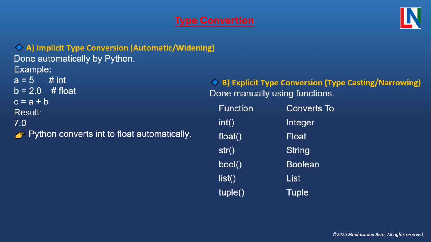As for example, we have to remember some functions and what they do. The int function converts into integer, float function converts into float, str function converts into string, bool function converts into bool, list function converts into list, tuple function converts into tuple.